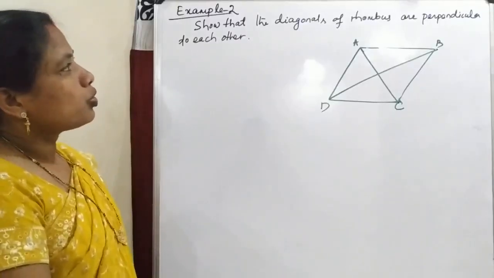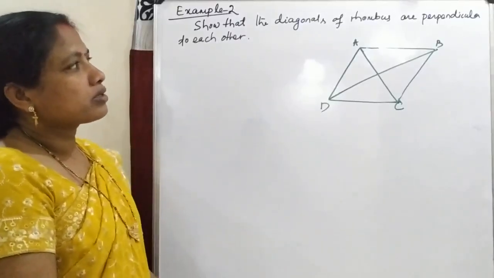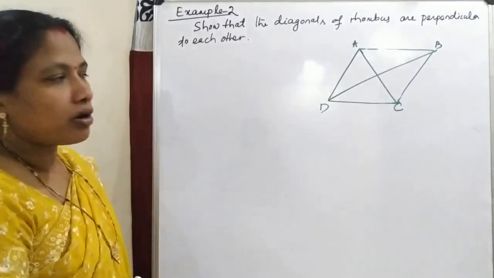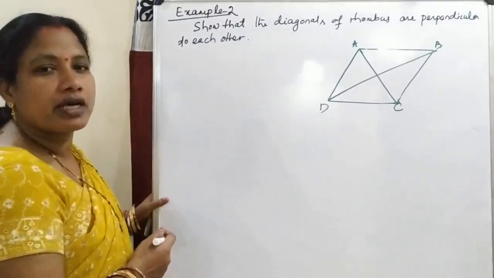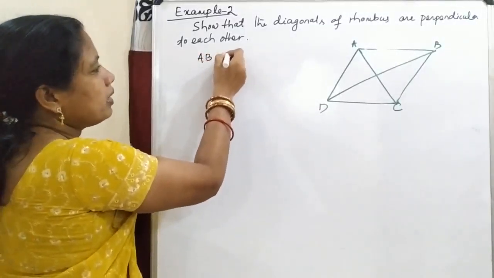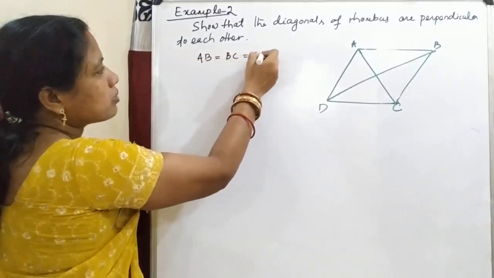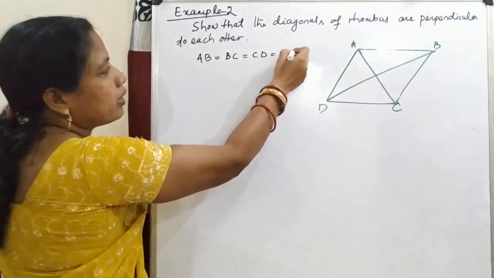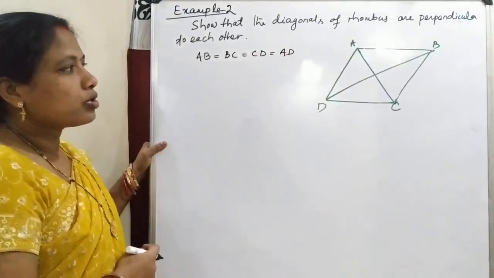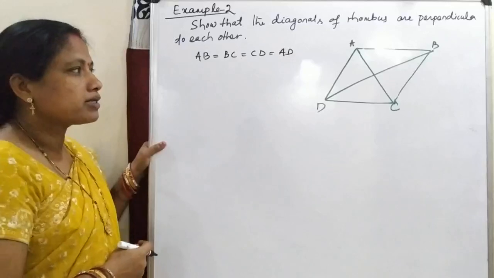Example 2: show that the diagonals of a rhombus are perpendicular to each other. Here ABCD is a rhombus with all the sides equal: AB is equal to BC is equal to CD is equal to AD. And a rhombus is a parallelogram also. So the two diagonals bisect each other.